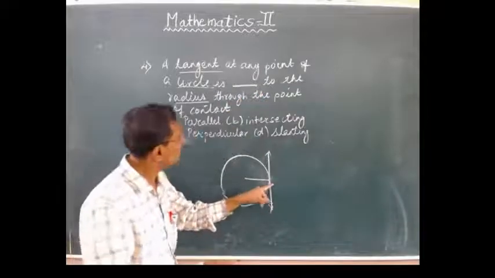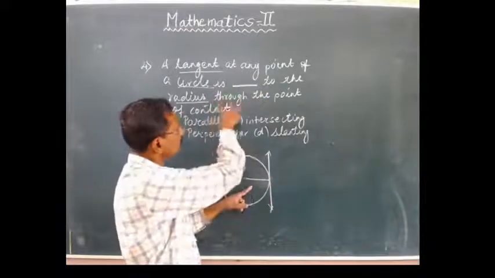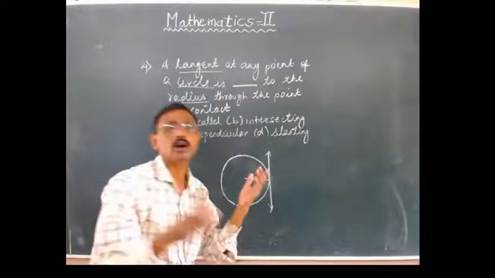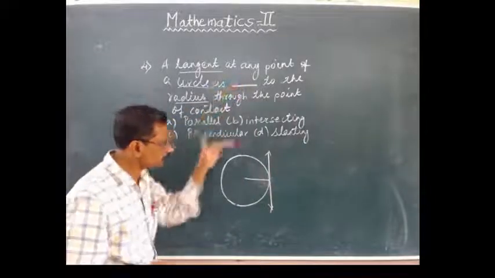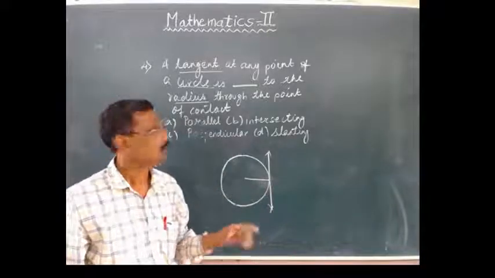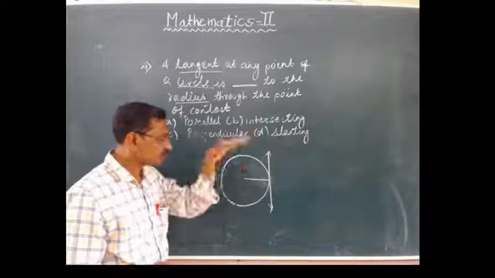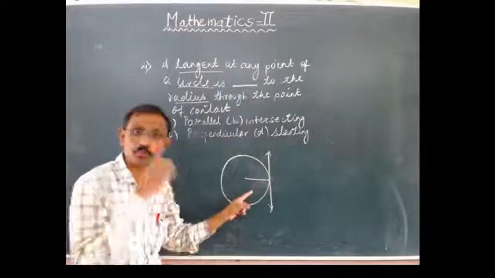This tangent is dash to the radius through the point of contact. Because each and every word we have put it into a figure: a circle, then the tangent, then the radius, then the point of contact. We have put this full line into a picture.